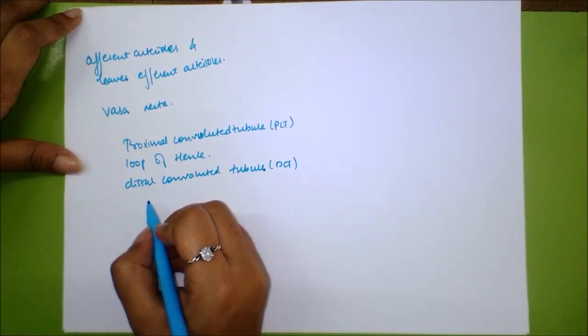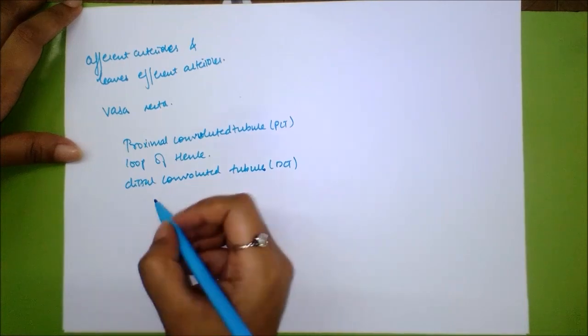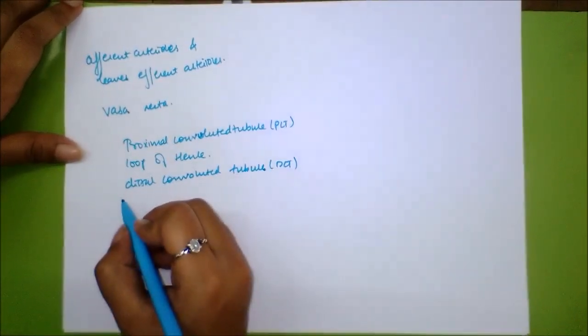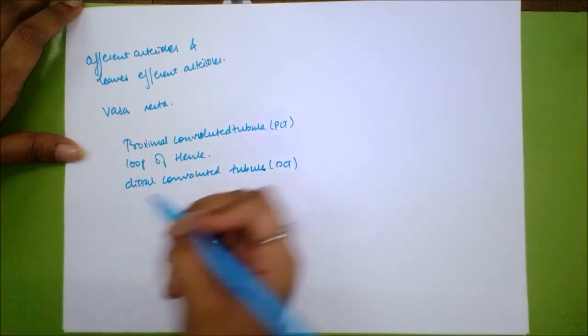Collecting tubules of many nephrons open into large collecting ducts, which join to form still larger ducts called ducts of Bellini that open into the renal pelvis through medullary pyramids in the calyces.